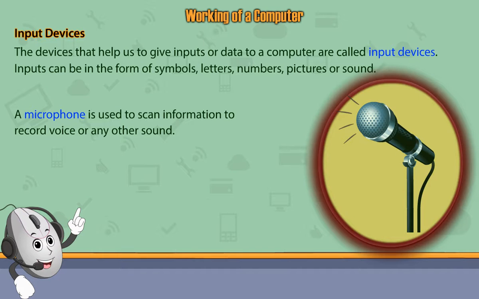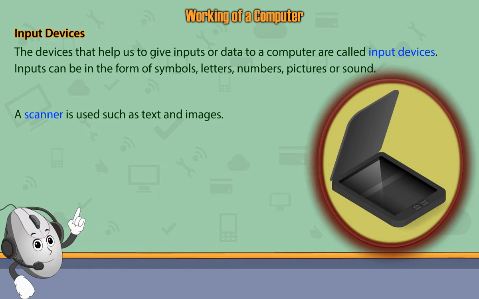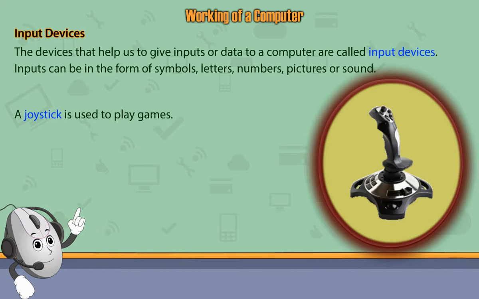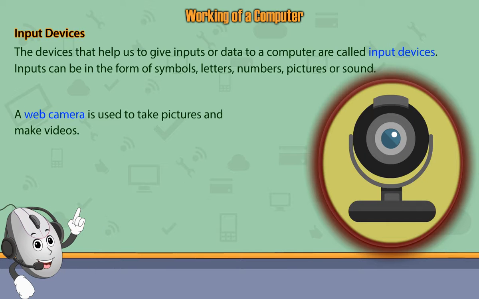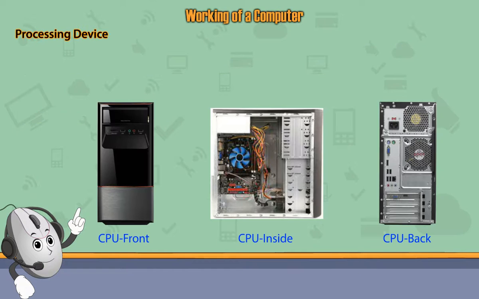A microphone is used to record voice or any other sound. A scanner is used to scan items such as text and images. A joystick is used to play games. A web camera is used to take pictures and make videos.